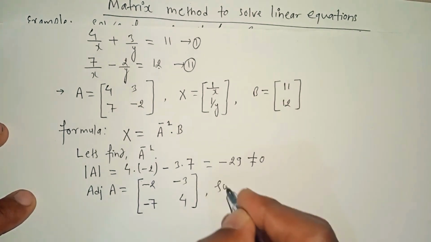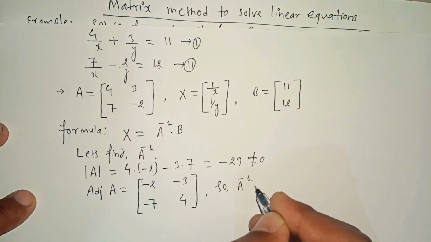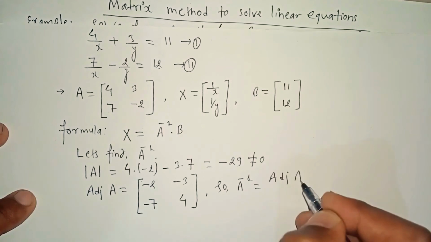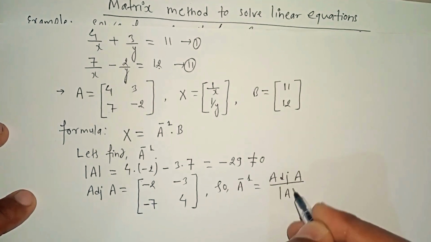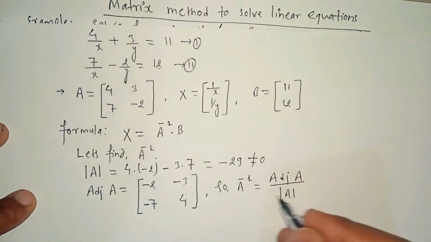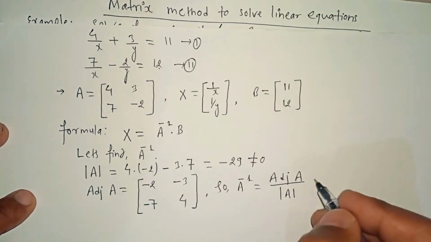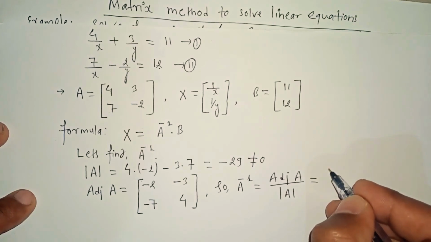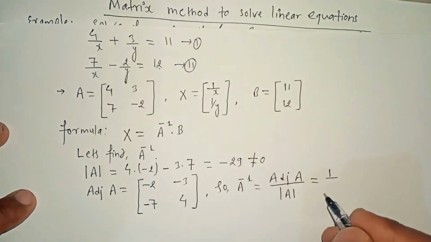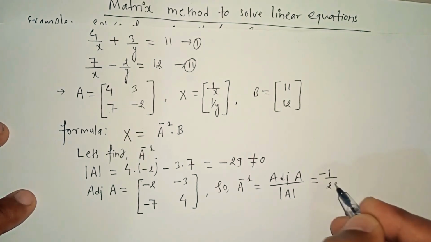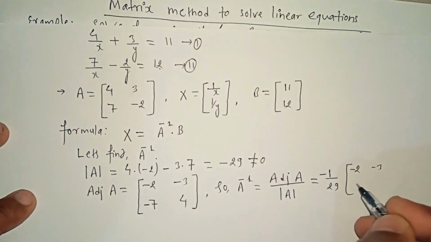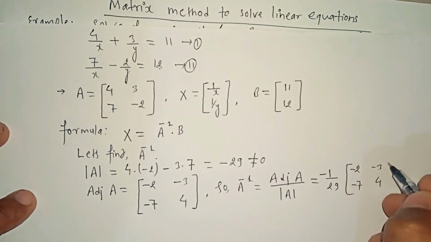So finally, let's find A inverse. A inverse is the adjoint of A over the determinant, and our determinant is non-zero, so we can easily find the matrix A inverse. This is 1 over the determinant, which is negative 29, times the adjoint matrix negative 2, negative 3, negative 7, 4.